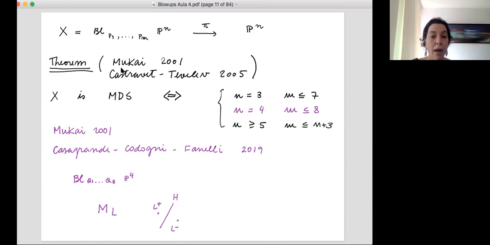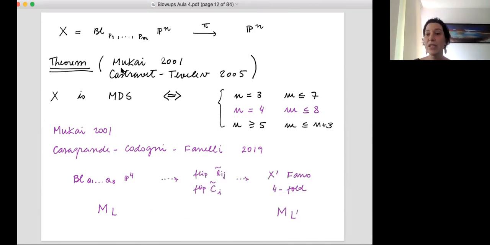And then we can understand what happens with the moduli space when you do the change of polarization. And in this way, Mukai and then Casagrande, Codogni, and Fanelli were able to understand the fourfold that was obtained from some small modification of the blow up of P4 in 8 points.